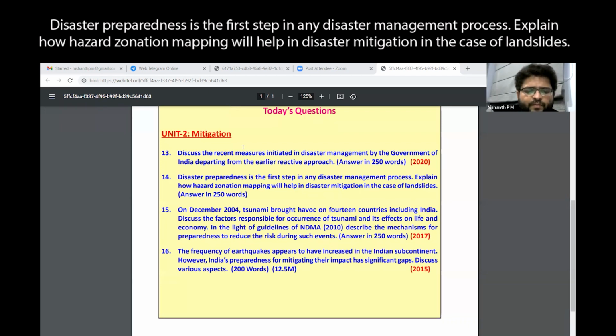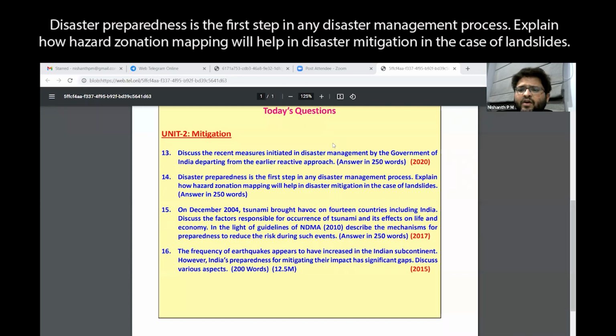For this particular question, we have to concentrate on the preparedness part. The preparedness for a disaster involves hazard, risk, vulnerability and assessment.